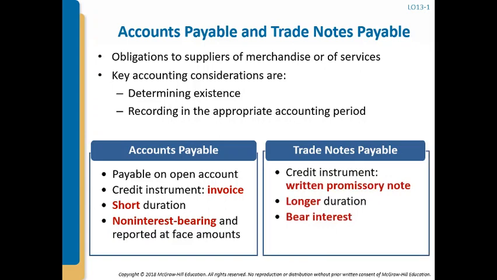Now, there's also something called a trade note payable. Usually these are longer term obligations. With accounts payable, you usually have to apply to become a credit customer with the supplier and you agree to their terms overall.